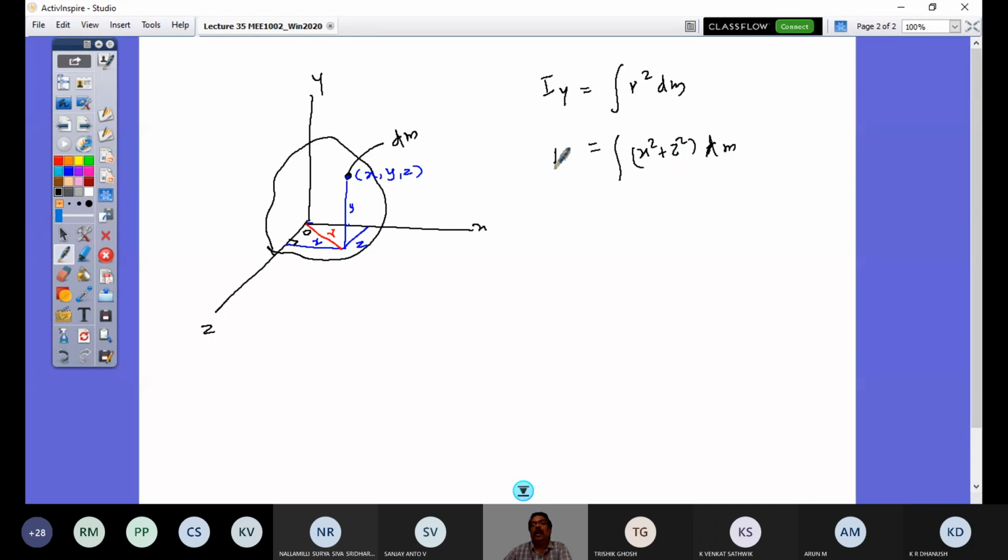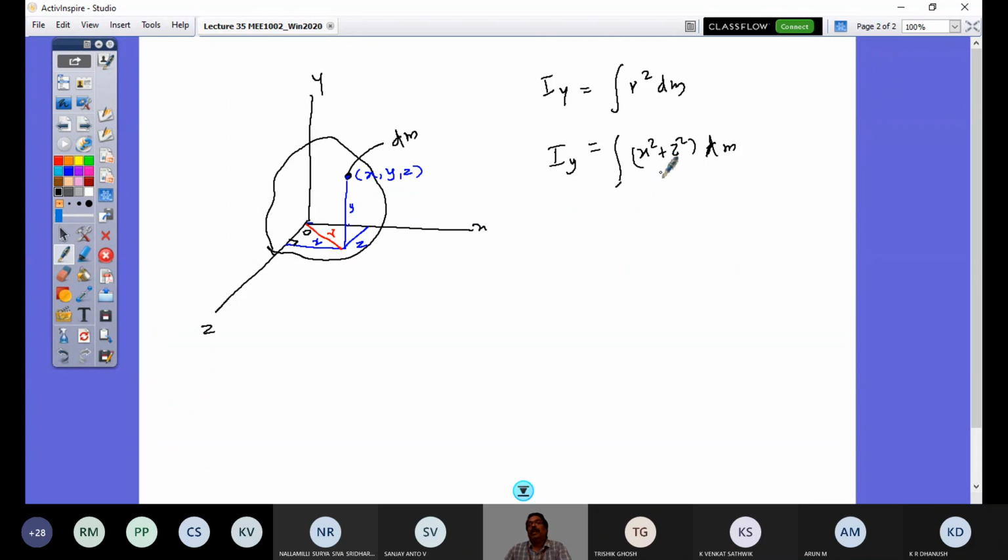Look at it now: I have a rigid body with a point O, and with respect to point O, I have my Cartesian coordinates fixed. Then the rotation of the rigid body about the y-axis is given by this.